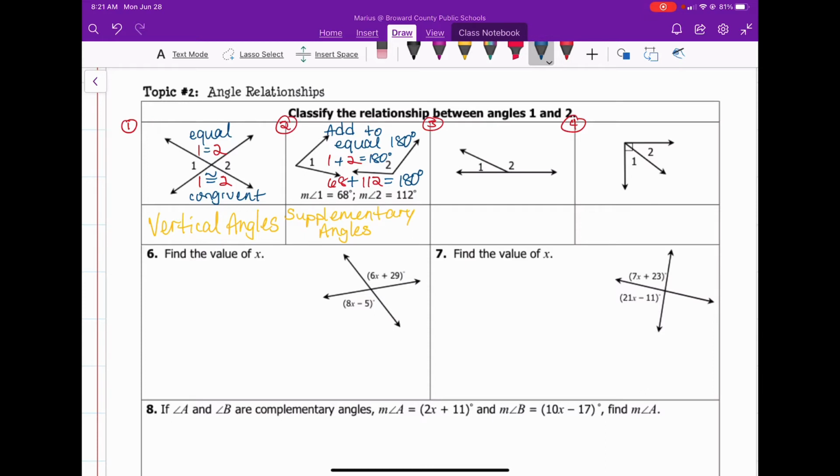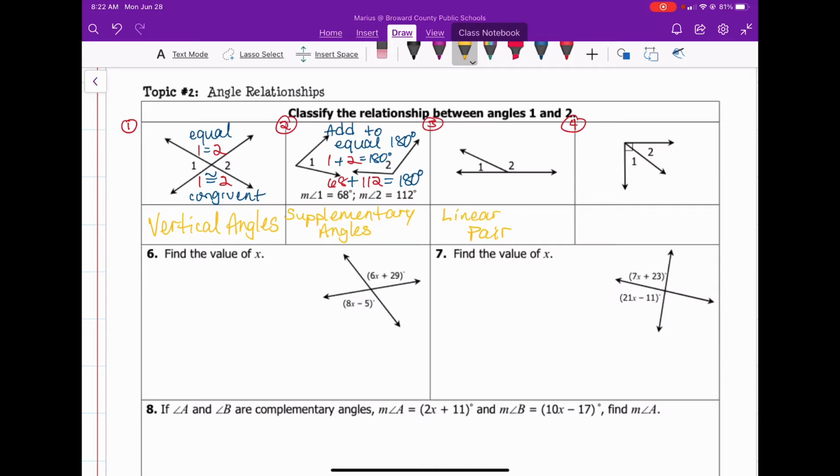This third diagram are also supplementary angles, but the more specific relationship, what we call these, are linear pair. Okay, in a linear pair, these are connected, all right, where supplementary angles may not always be connected. However, a linear pair can also be described as supplementary angles.